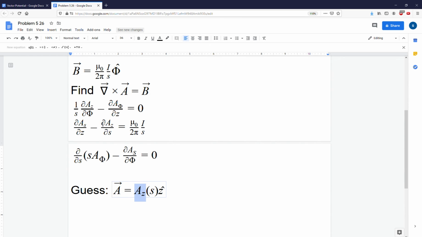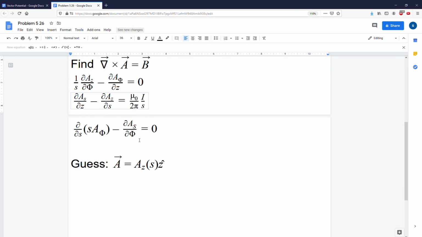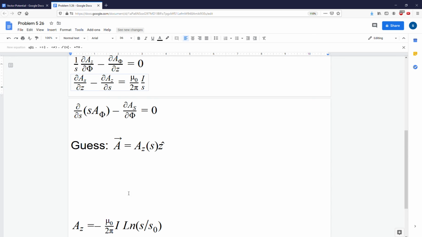So I'm going to say that the derivative of that is equal to some constant value times 1 over S, which means, what do you take the derivative of and it becomes 1 over S? Well, logarithm of S. So I'm going to say that A goes as the logarithm of S, but you can't take the logarithm of S because S is a dimensional value. So I'm going to say it's logarithm of S divided by S naught. What is S naught? It doesn't actually matter.